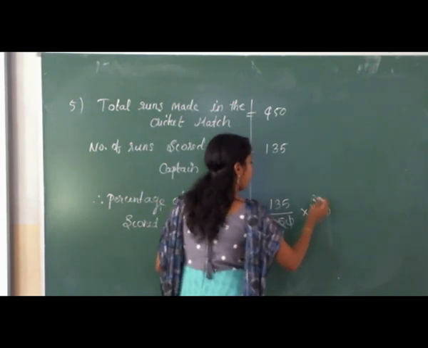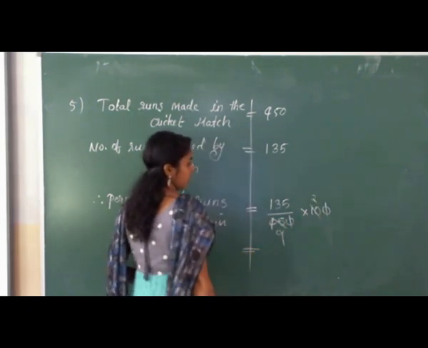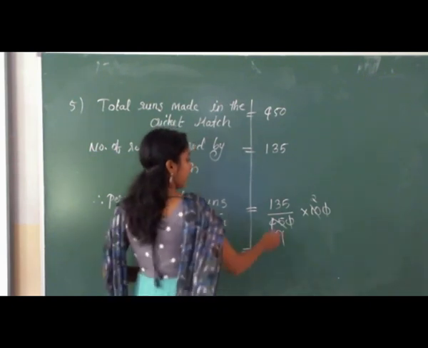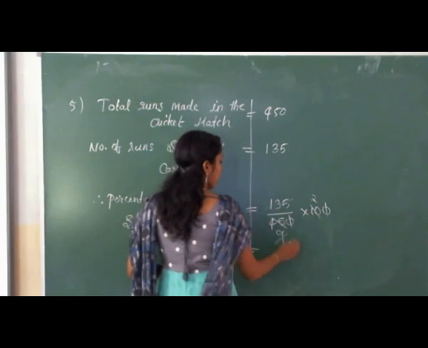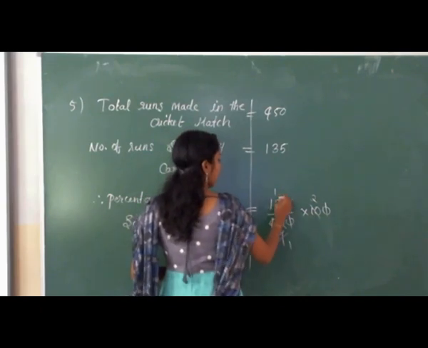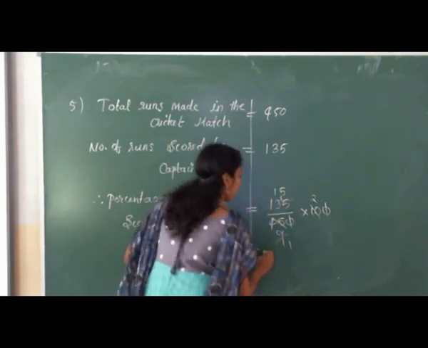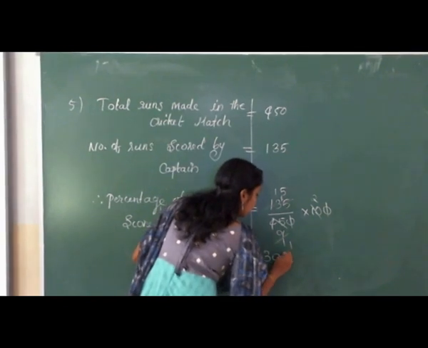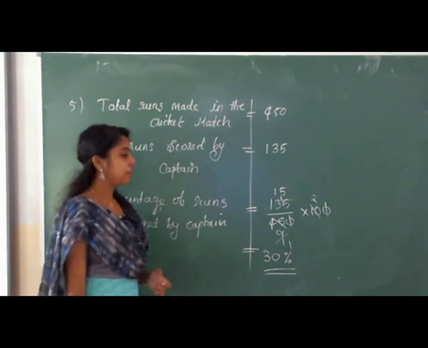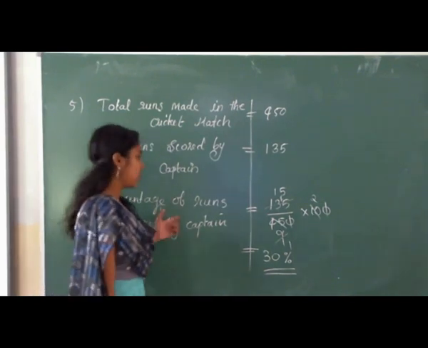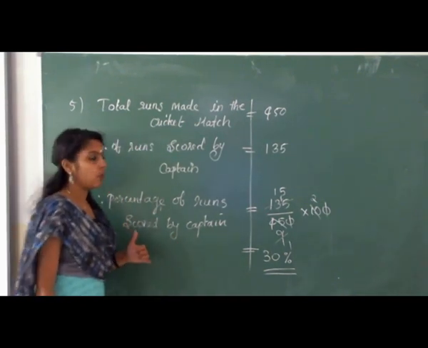9 5s are 45, 2 5s are 10, and here 9 we can cut in this number. 1 9s are 9, 9 5s are 45. So, 30%. 50 into 2, 30% of runs scored by captain.